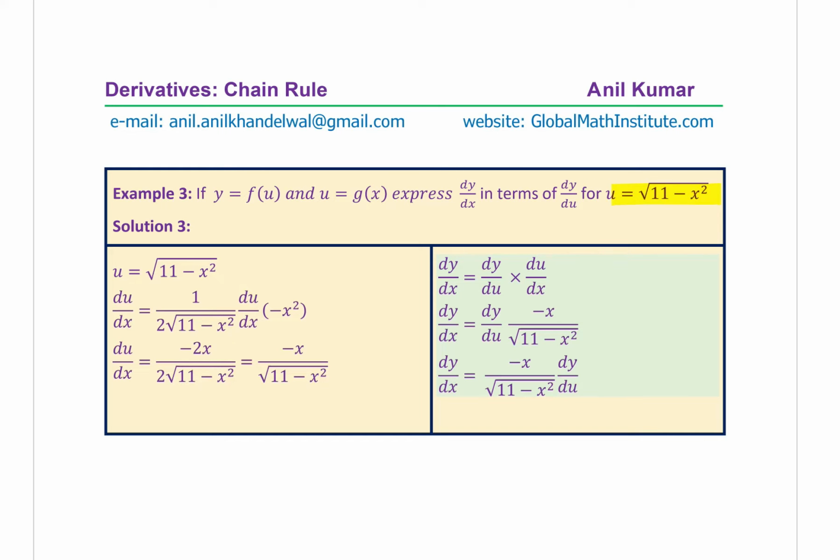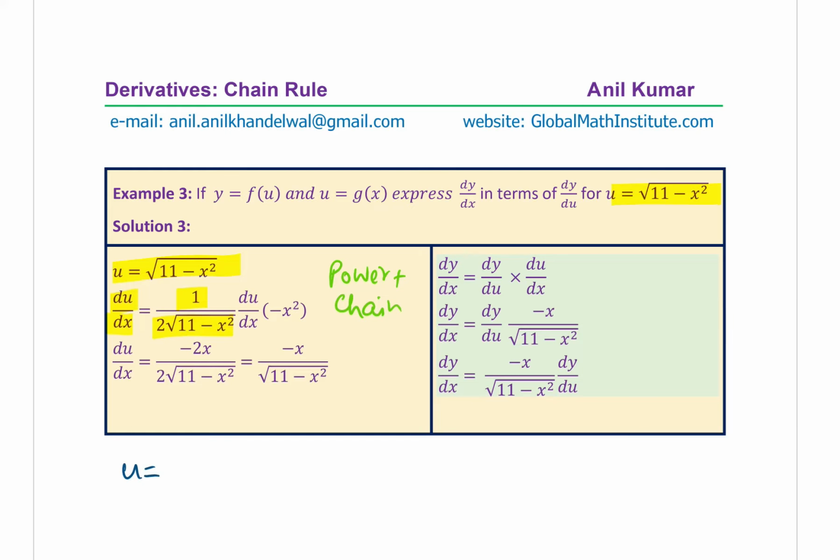Now, we know what u is, so we can find du dx, which is half, with the square root in the denominator, 11 minus x squared, times the inside function. So at this stage we have applied the power rule plus chain rule. Correct? So that is what we did.